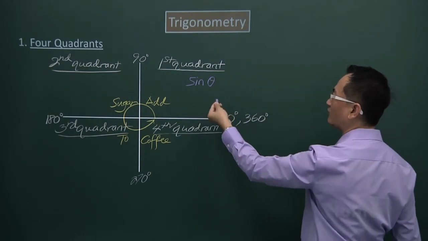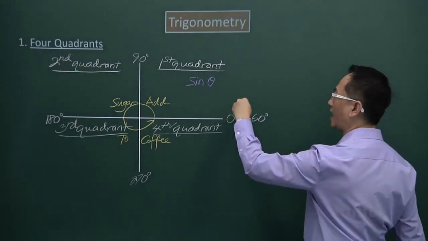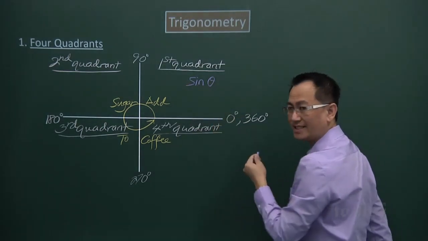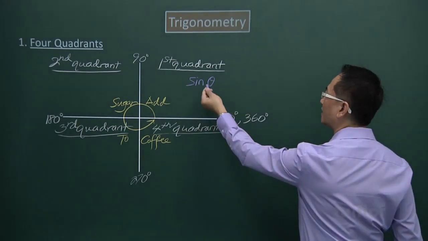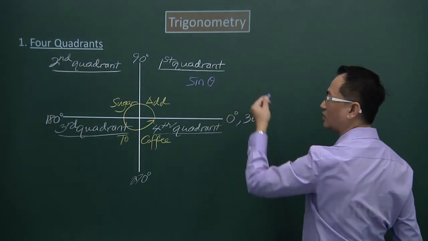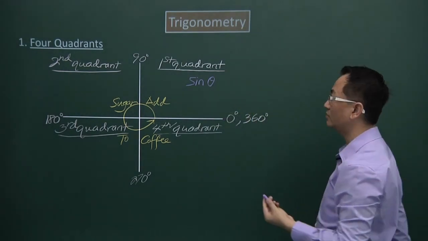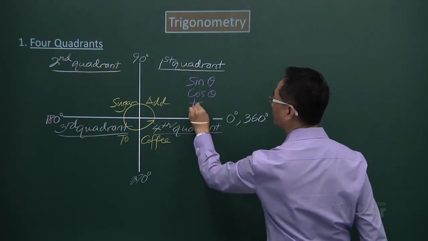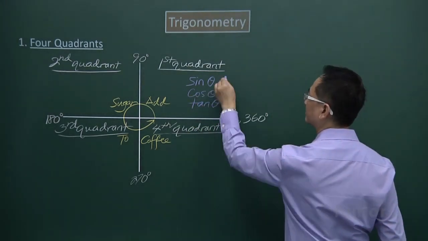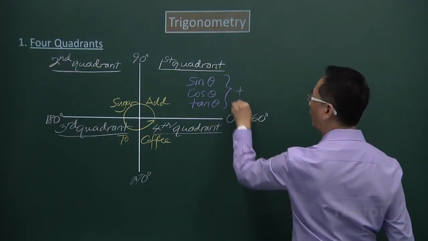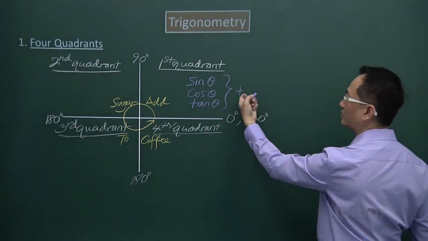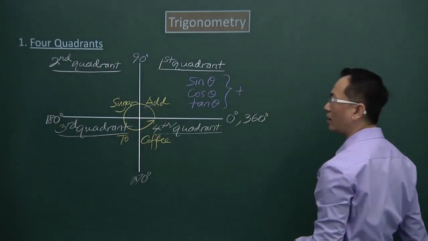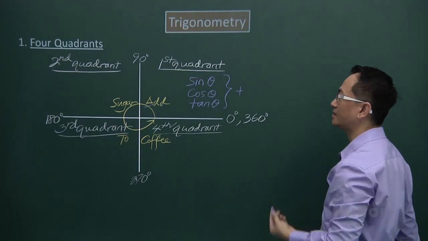So in other words, if I just take any angle from 0 degrees to 90 degrees, I will get sine theta equals to positive value. Cos theta, tangent theta will all give me positive value. That's why you have the A here, all functions.